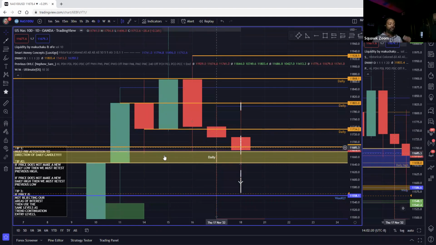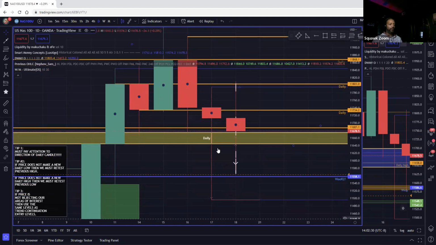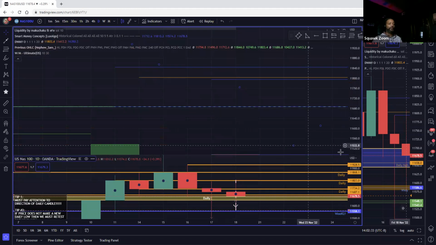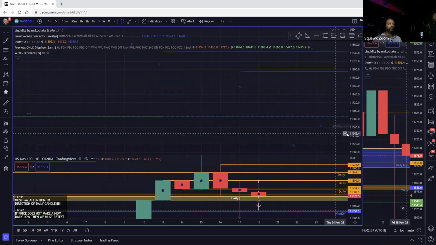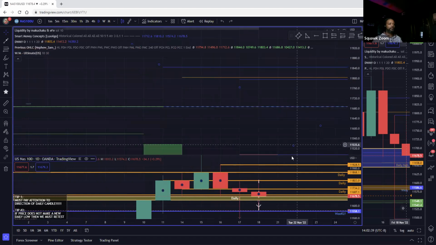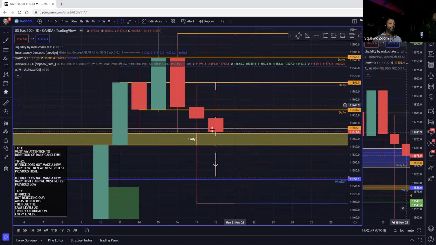But when we're adding structure, we can see that price shot down and rejected these areas, this area down here, and also this daily zone. It rejected it. So because of that, it makes things confusing.